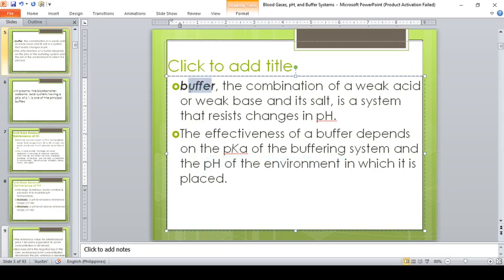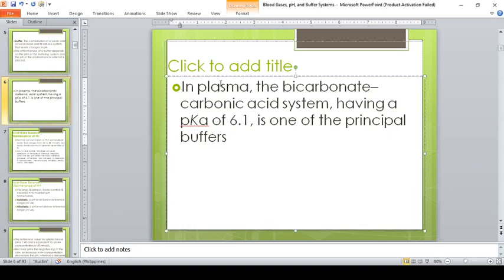Pero yung effectivity ng buffer, magdedepend siya sa acid dissociation constant ng buffer at saka yung dati ng pH nung solution mo. Okay? So in the plasma, the bicarbonate carbonic acid system having an acid dissociation constant of 6.1 is one of the principal buffers. So, principal buffer si bicarbonate carbonic acid system.